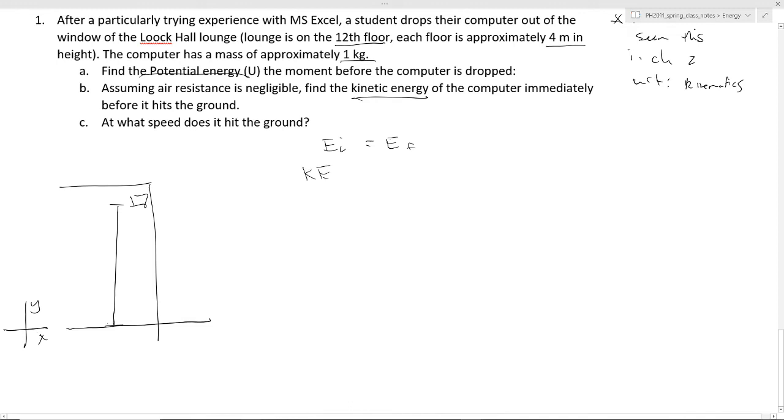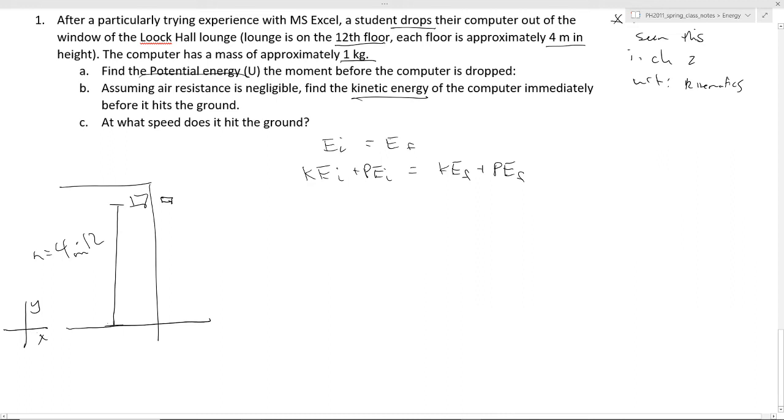And we're talking about mechanical energy, so we're only concerned with kinetic and potential. And so the question is, we can set this up in such a way that we need the height. It's going to be 4 meters times 12 floors. So if the object starts here, we're dropping it.